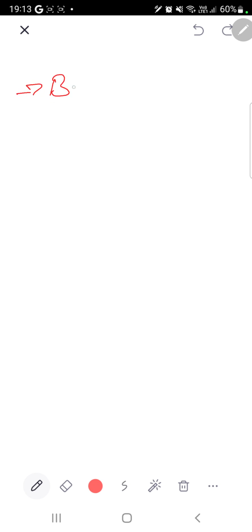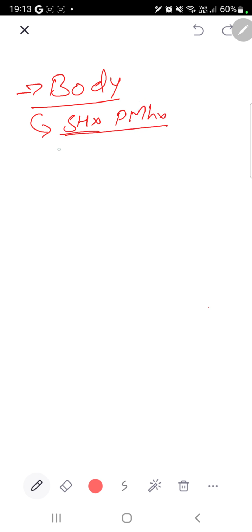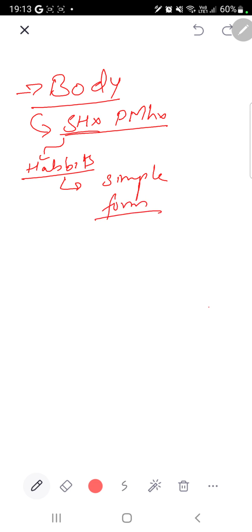Now, in the body of the letter, depending upon the case notes, we can write it down. If you are writing the social history or the past medical history, it depends upon the case. Normally the social history is, let's say, habits. Habits are mostly written in the simple form, but we can also write the past tense if it's related to a past event, or maybe we can use the perfect form.